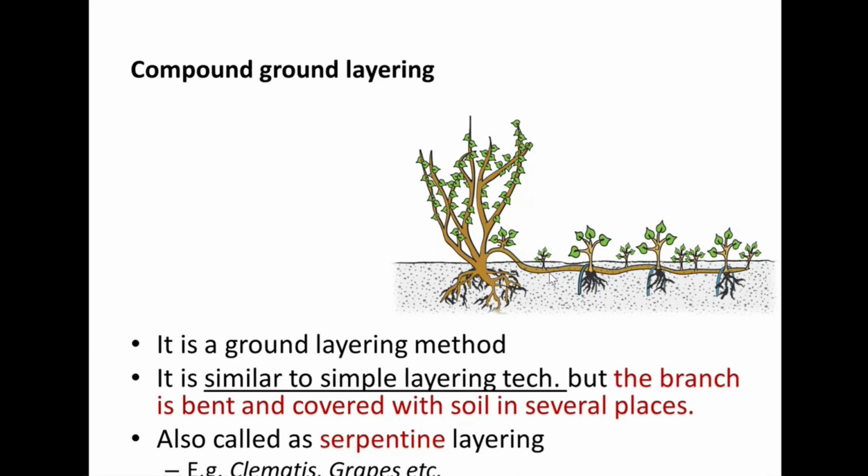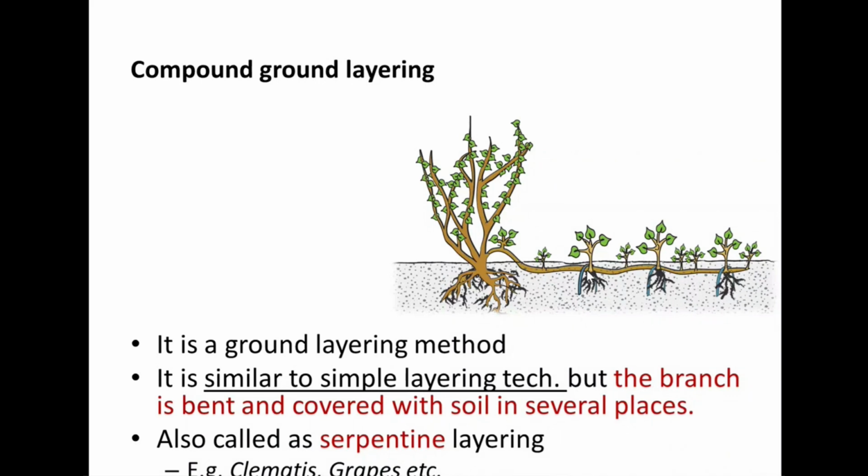compound layering, there are several. You can take a long branch, especially of clematis and grapes, because they have long twigs. They are bent over a long distance, and we can make incisions at several places, put pegs or stones at several places, and water them regularly.